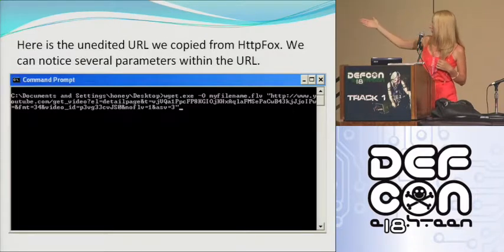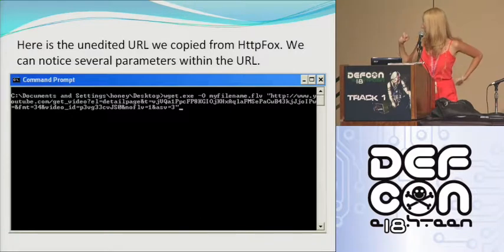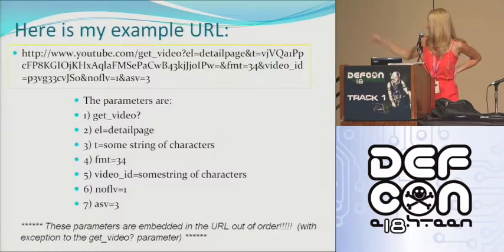So here's the unedited version of the URL. You can see there's a whole bunch of parameters there. The web page and a bunch of different parameters. There's the URL again, and I broke down each of the different parameters.